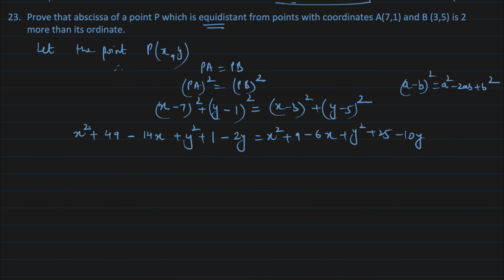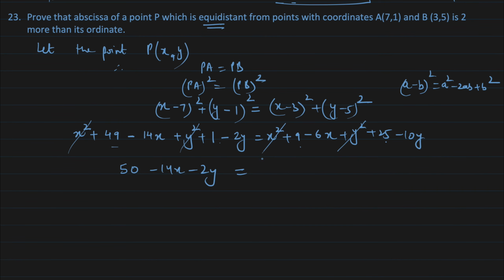Now x square same sign, both the sides, LHS RHS cancel out, y square also. 49 plus 1 is 50 minus 14x minus 2y. First simplify LHS, simplify one side and then move to the next, otherwise mistakes happen.